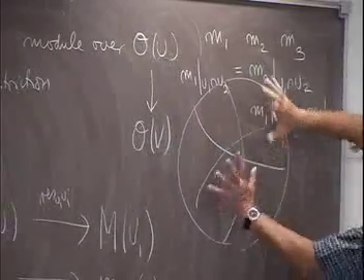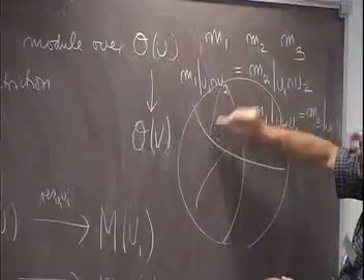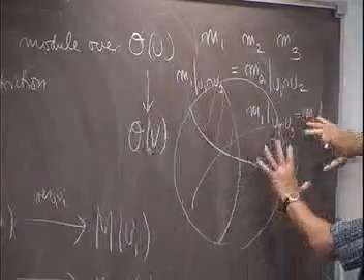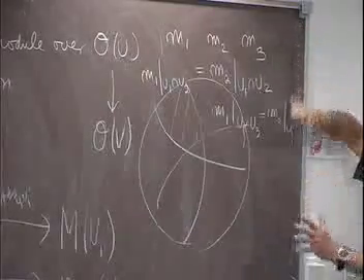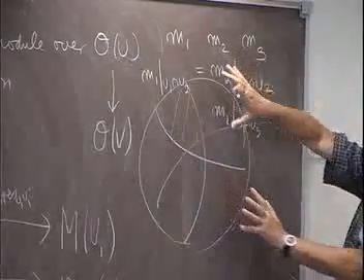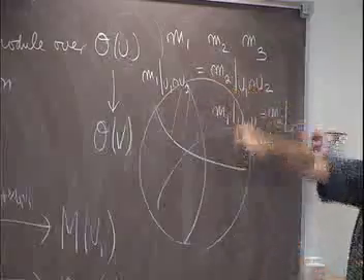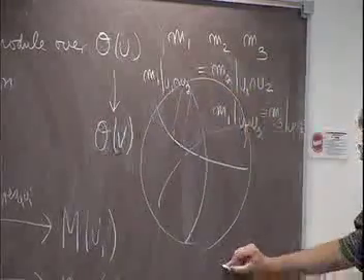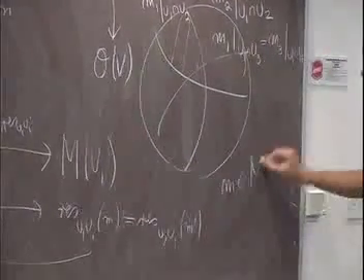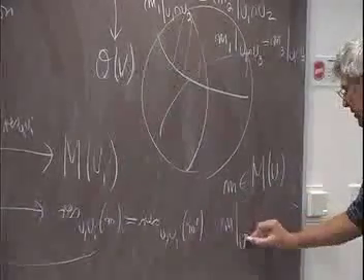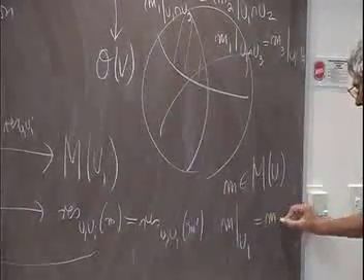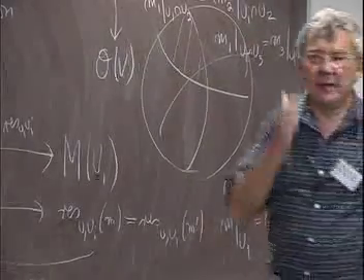So I have these three pieces, and on each intersection, these restrictions agree. Then the statement is that I can glue these sections and construct a section m of M of U such that m restricted to U_i is m_i. Yes? Could you recall the definition of a section of a sheaf?